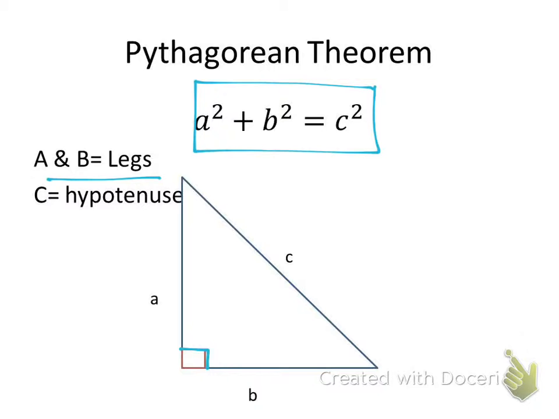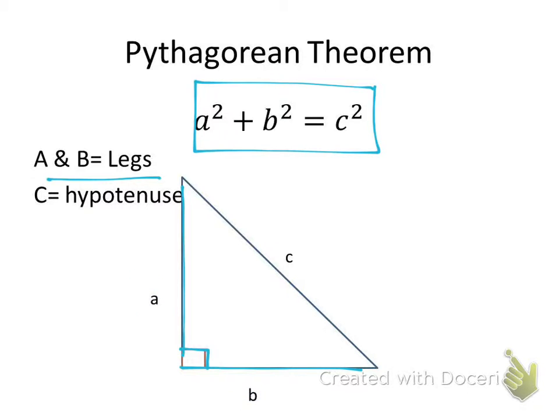The legs do not matter which order they're in. This could be A and this one could be B, or this could be B and this could be A. We could do A squared plus B squared, or B squared plus A squared. The legs are interchangeable.